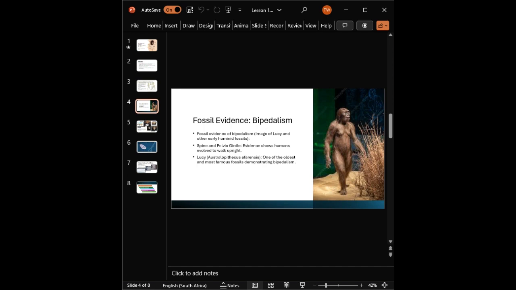Next, let's look at fossil evidence specifically for bipedalism. The fossil record gives us concrete proof that early human ancestors like Lucy walked upright. Lucy was an early hominid, and her pelvis and spine structure show adaptations of bipedalism.